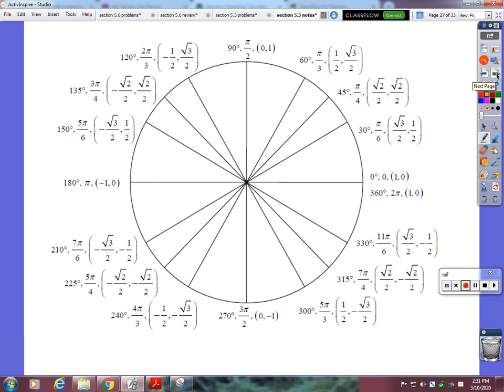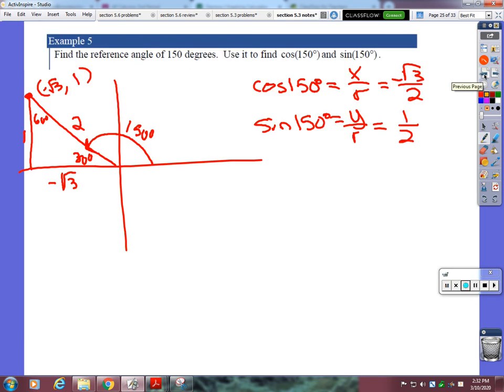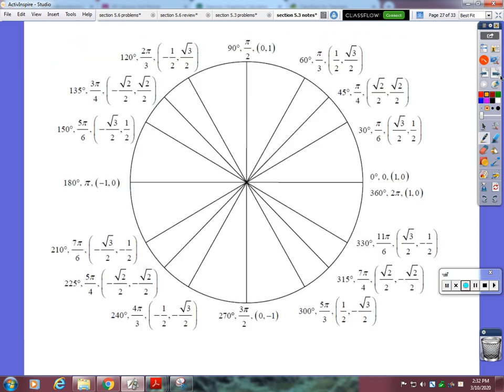Okay, so this gives you the whole deal. This is a very handy chart to have because this is a unit circle with a radius of 1. So if we change this to 1, then we wouldn't have to divide by it, right? So the x-coordinate would be the cosine of that angle, and the y-coordinate would be the sine of that angle. So this circle chart right here is worth its weight in gold.